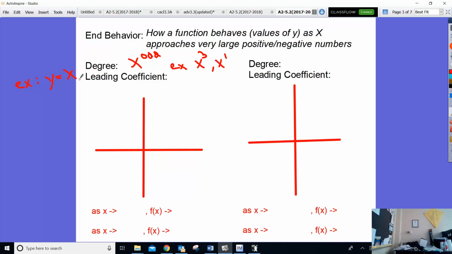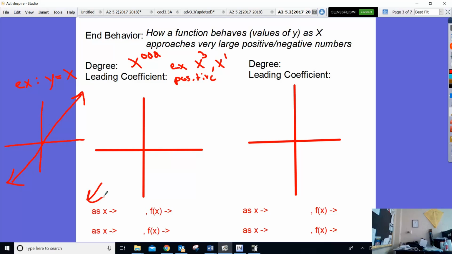By the way, leading coefficient here is positive. Let me use the example y equals x. It's a line. Where does it cross the x-axis? Origin. Slope is 1. Y equals x looks like that. Focus on the idea of end behavior.